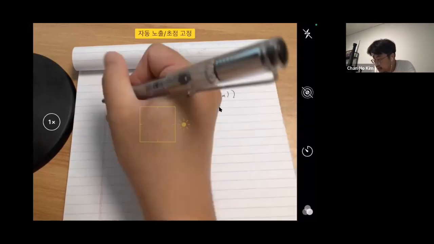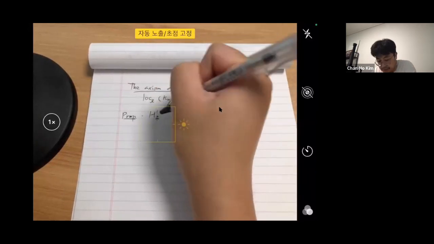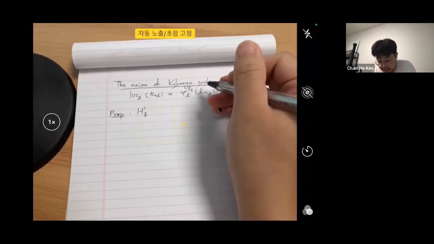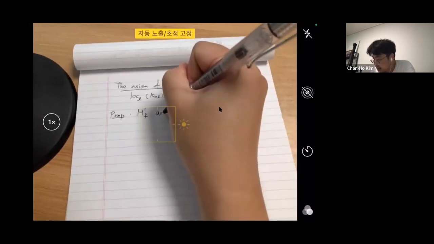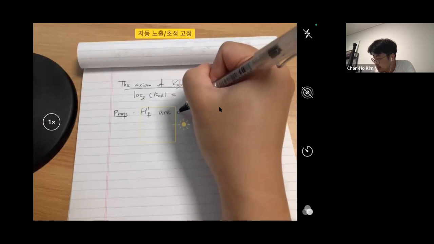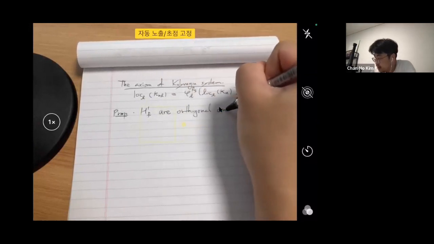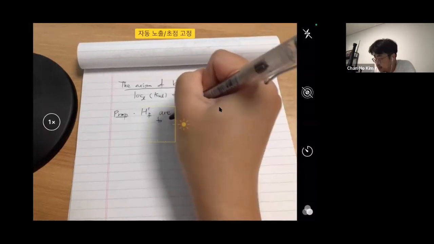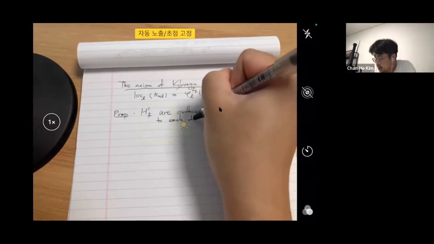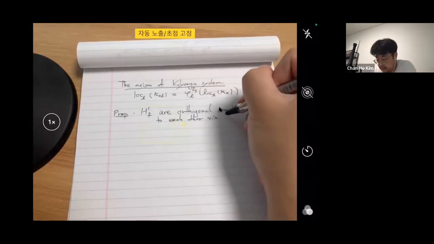And the proposition is: the H1 finite local conditions are orthogonal complements to each other via the local Tate pairing, right?